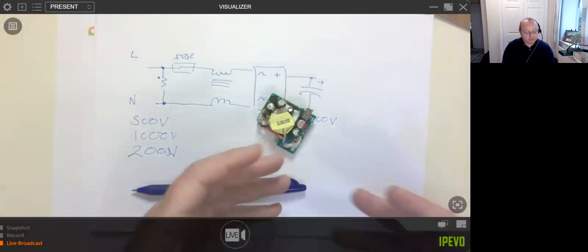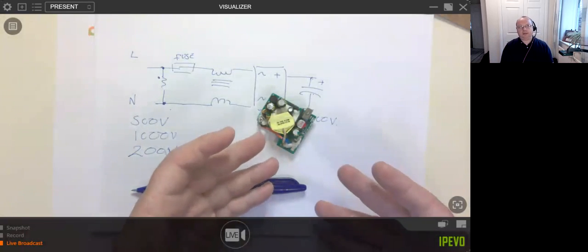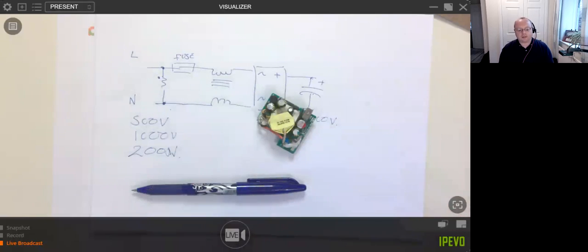Certainly with power supplies, what tends to happen is the manufacturer will test it for what is their most favorable condition, and that'll probably be the maximum load. When you have the maximum load on a switch mode power supply, it has its best efficiency, and when it has its best efficiency, it has its lowest radio emissions.